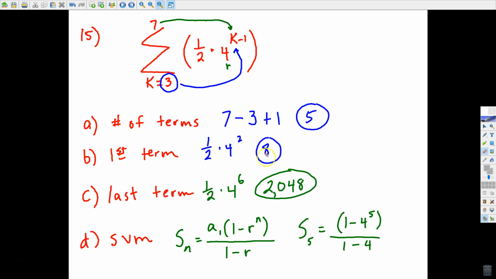That's the number of terms. The first term, of course, is 8. So I need to be a little more careful. Okay, so let's try this again. 8 times 1 minus 4 raised to the 5th power divided by -3 is 2,728. And that is the sum of those 5 terms represented by this series.